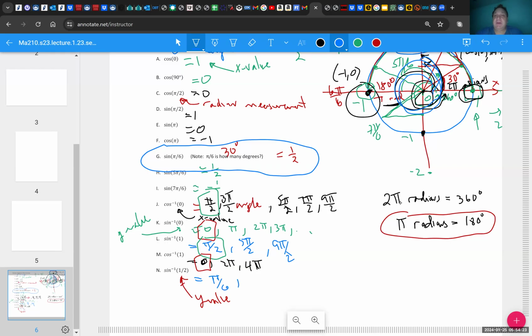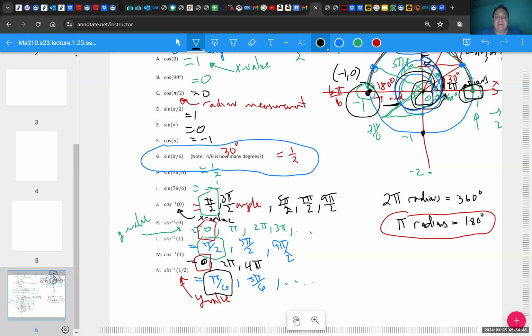Of course, we can also get a symmetric angle. We saw before that 5 pi over 6 is exactly symmetrical to pi over 6, with the exact same y value. So we get 5 pi over 6. 7 pi over 6 had a negative y value because it was down there, so we didn't include that. Of course, there are more and more, but we'll take the first one as our default answer for the inverse sine of 1/2.